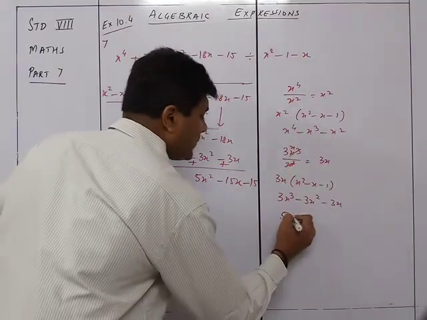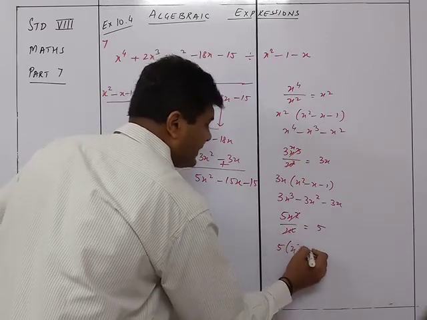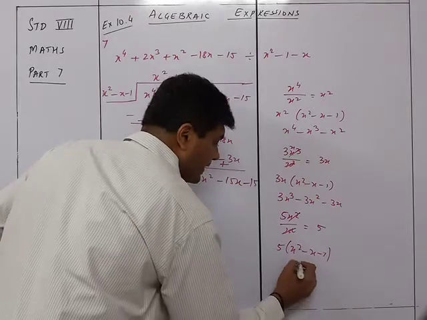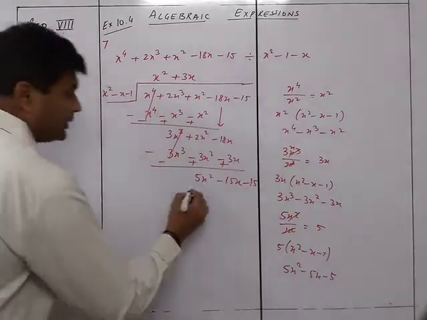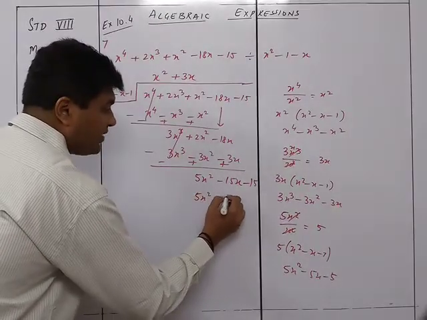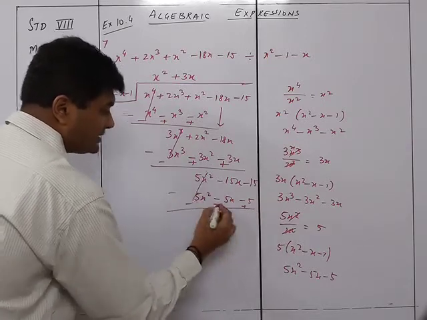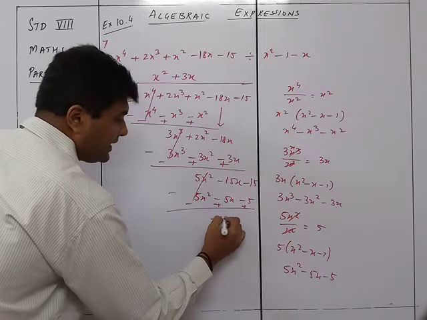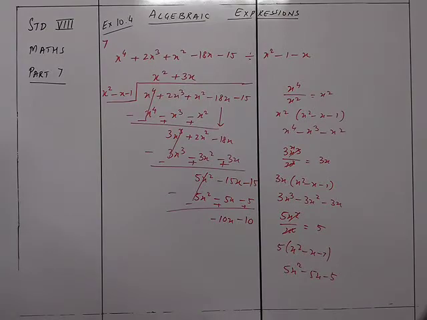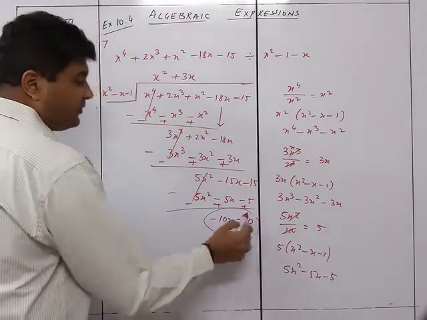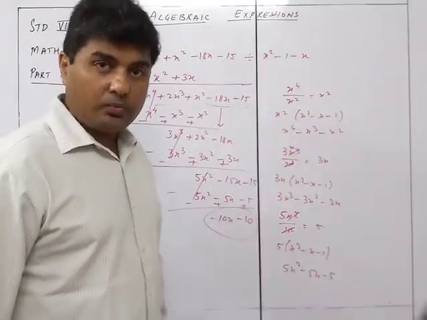So it will be 5x square upon x square is equal to 5. And 5 into x square minus x minus 1 is equal to 5x square minus 5x minus 5. So place it over here. Signs change, this is minus 10x minus 10. So if I subtract this from the polynomial, automatically the result is divisible.